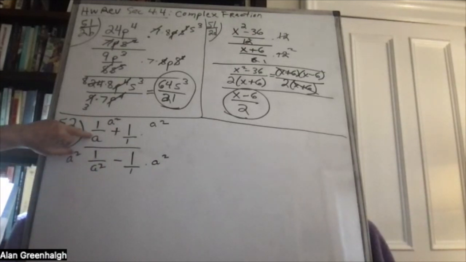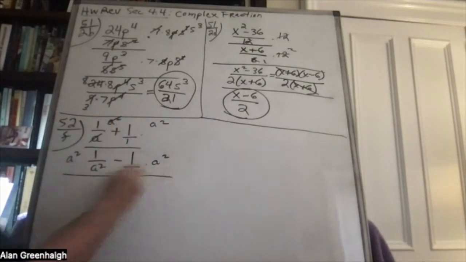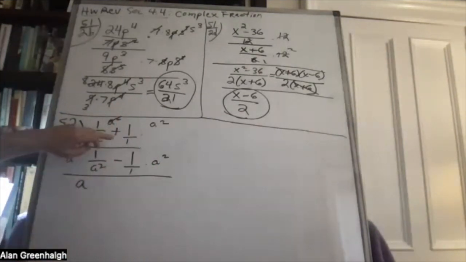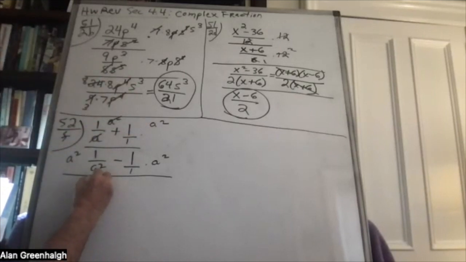So let's do this. So a into a squared is a. And then 1 into a squared is just a squared plus a squared divided by, this cancels out, and we're left with 1 minus a squared.